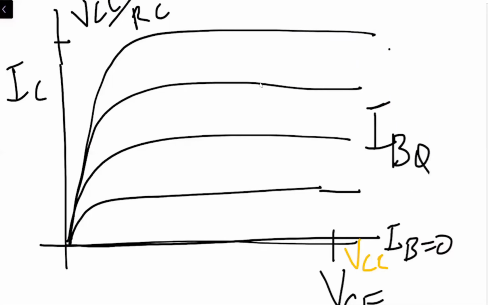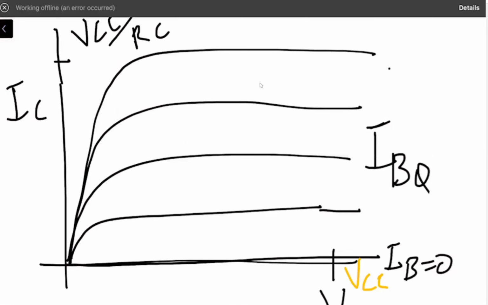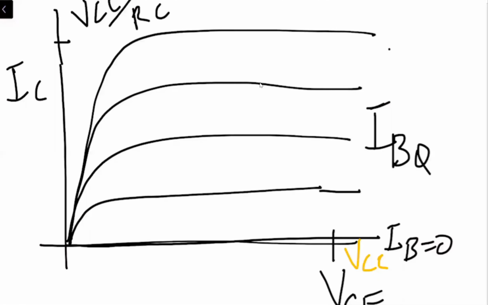On the horizontal axis, I have the point VCC when IC was 0, and on the vertical axis, I have the value VCC divided by RC when VCE was equal to 0. If I join these 2 points, I am going to get a straight line. Are you with me?